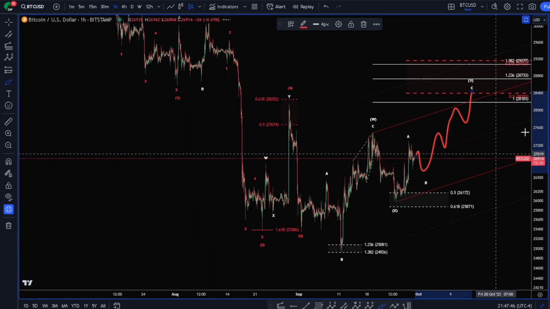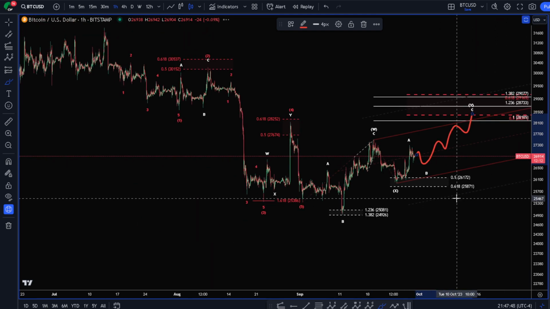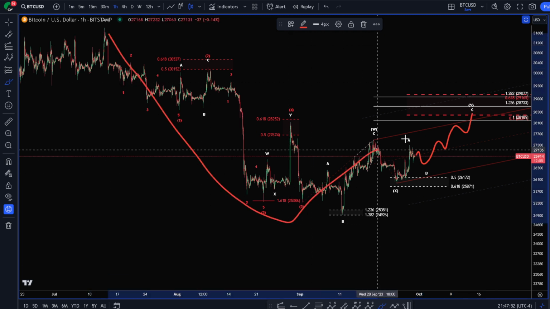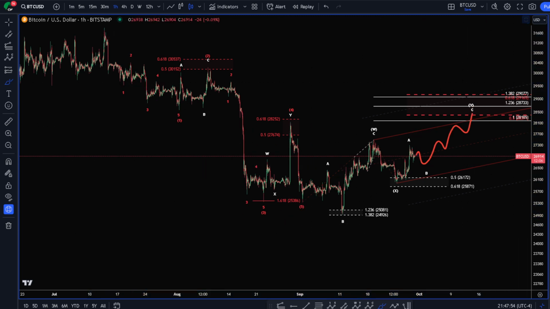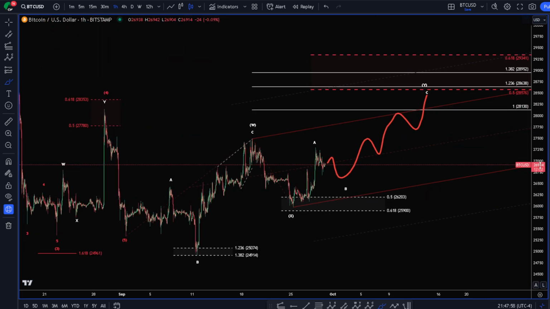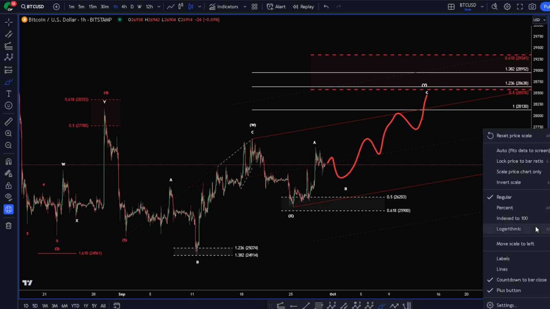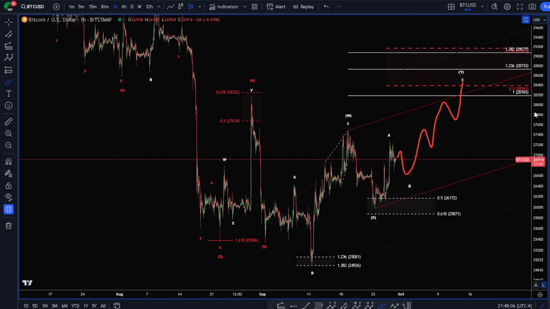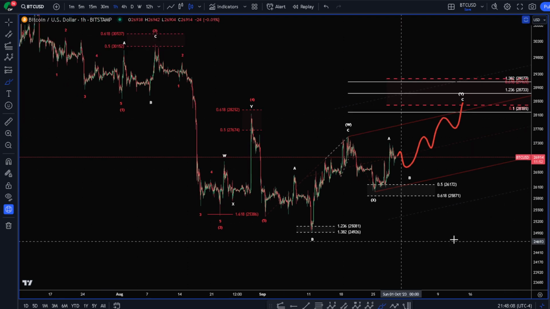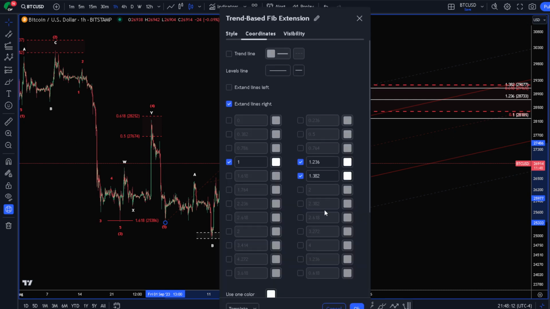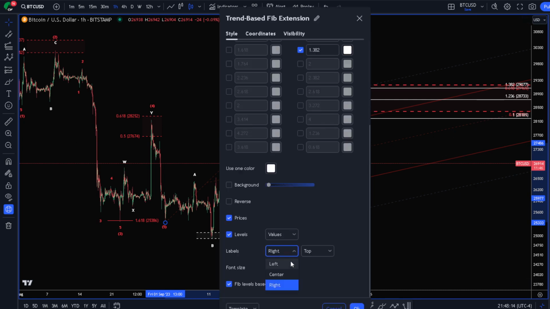So we're looking for the area between the 50 and the 618 of this down wave, which is right up here. Zoom in for you. Which one's lower? 28587. Yeah, we'll use linear for this one. It's the closer of the two prices. Let's get this on the left side so we can read the prices.